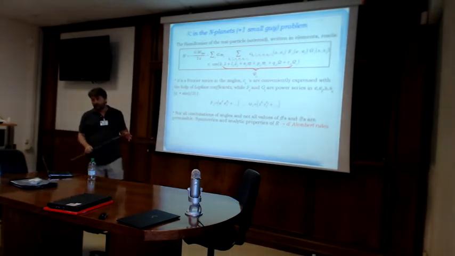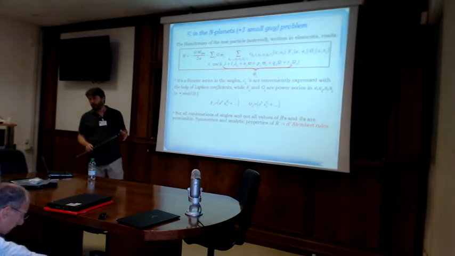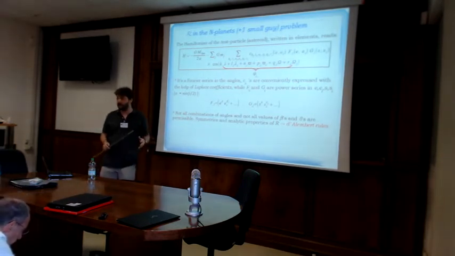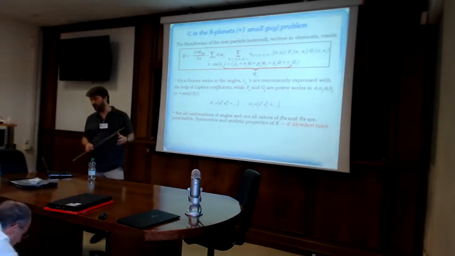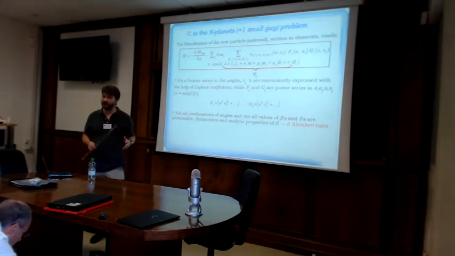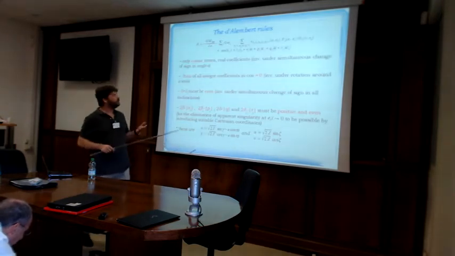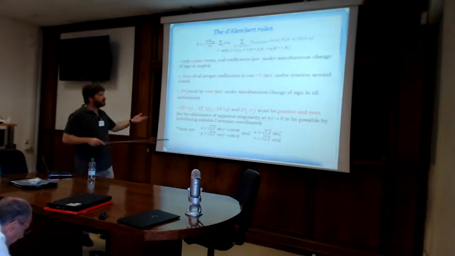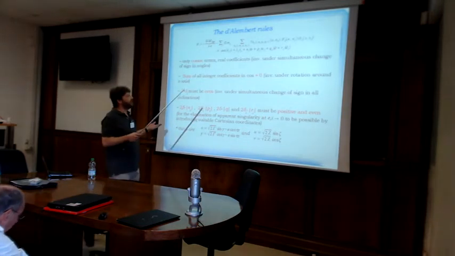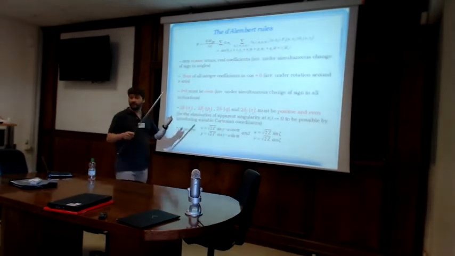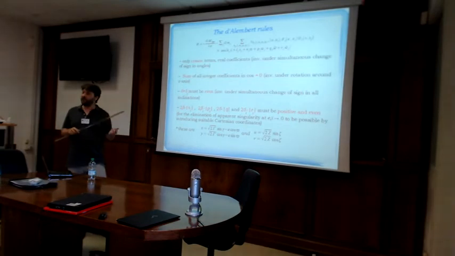Now, the main point here is that not all combinations are permissible. There are symmetries and analytical properties of R that give you a set of rules that one has to follow in order to construct this expansion, and they are the so-called d'Alembert rules, of which the list is like that. Because it's invariant under the simultaneous change of sign in all angles, there have to be only cosine terms and only real coefficients.